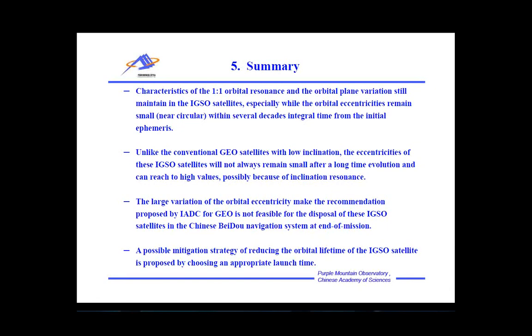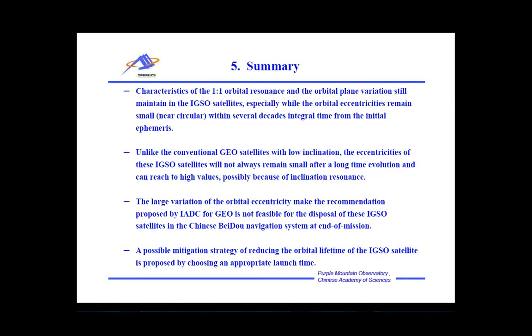So this is a summary of our research. Characteristics of the one-to-one orbit resonance and orbit plane variation are still maintained in IGSO satellites, especially while the orbit eccentricity remains small for several decades.